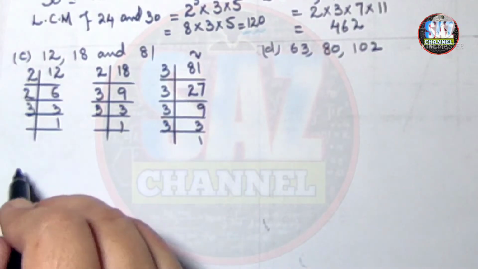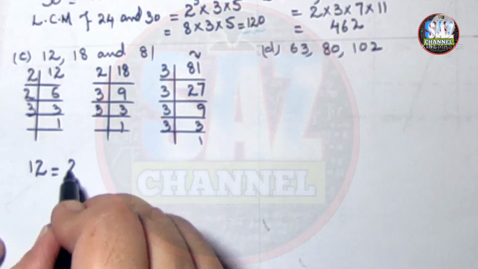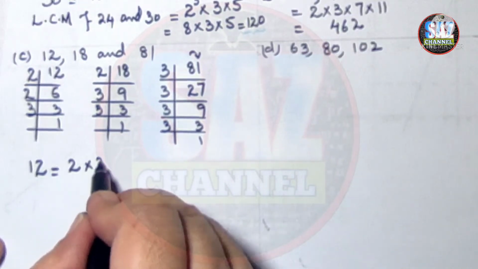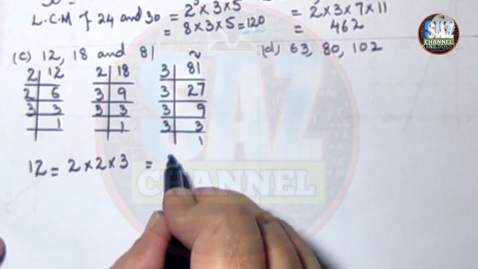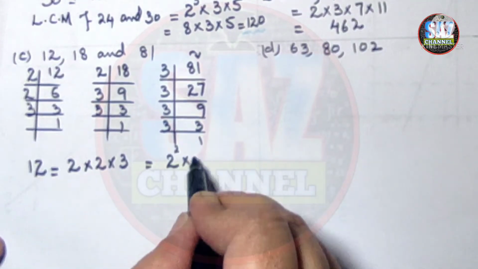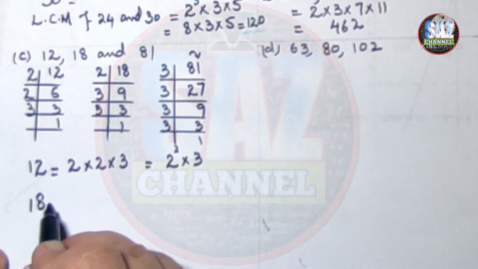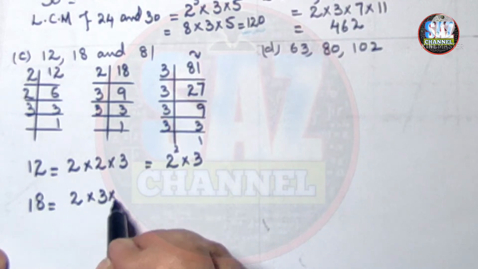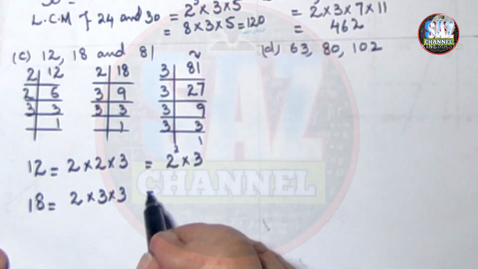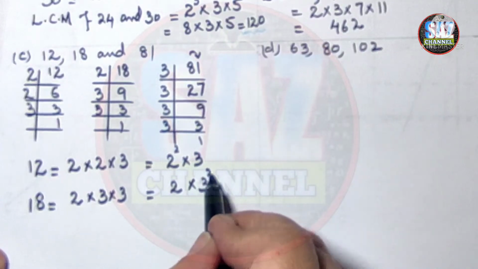Okay, now what we have to do, 12 can be written as 2 multiplied by 2 multiplied by 3, and in the index notation 2 square multiplied by 3. And then 18 is 2 multiplied by 3 multiplied by 3, and in the index notation it is 2 multiplied by 3 square.